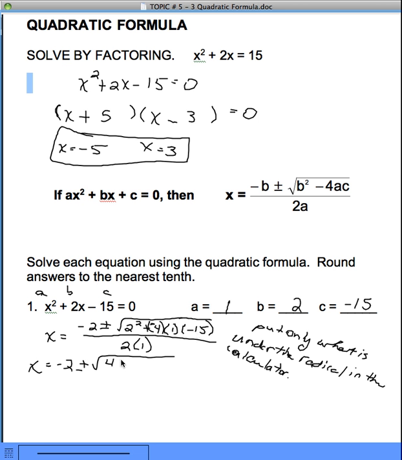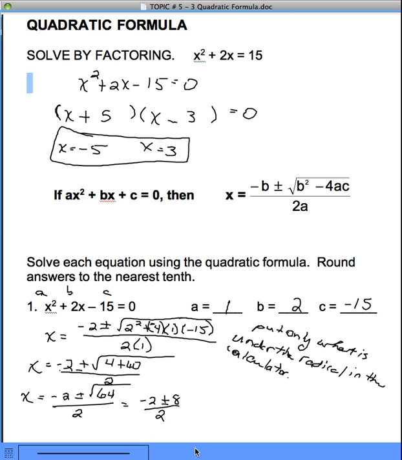So we have 4 plus 60 over 2. And so x is negative 2 plus or minus the square root of 64 over 2. Well, we can take a nice even square root of 64. That's 8. So we have x equals negative 2 plus or minus 8 over 2.